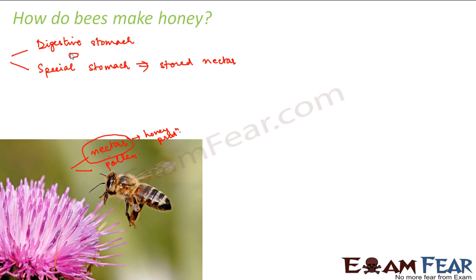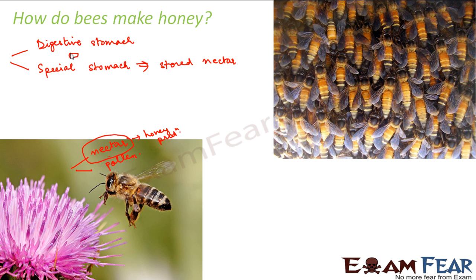Now when it goes back to its hive, it is greeted by all the other bees already present in the hive, because they see that this bee has come with its stomach full of nectar. The other bees will greet this bee and a mouth to mouth transfer of the nectar will take place.